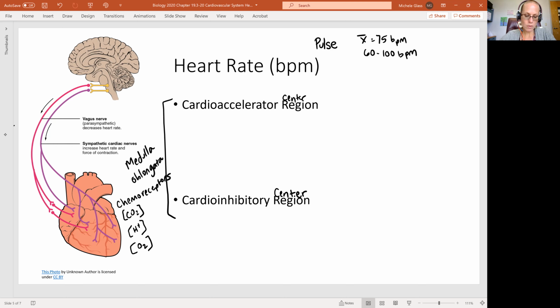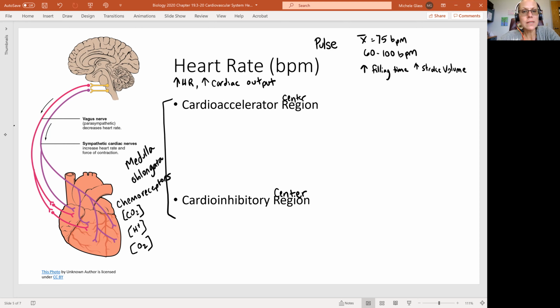When we talk about the heart rate, we will see that if you increase your heart rate, you're going to increase your cardiac output, to a point. Because remember, we've also said increasing filling time will increase stroke volume. And so these two things are at odds.